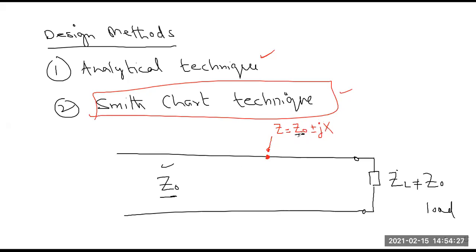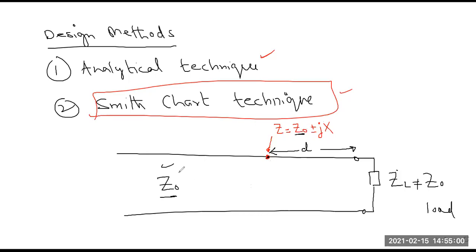I am more interested in the real part of the impedance at this point, and my requirement is that I need to find a point where the real part is equal to Z0. Let's assume that this is the point. We will later talk about how you will find that point, but right now this is the point at which you will connect your stub. So this is going to be D.